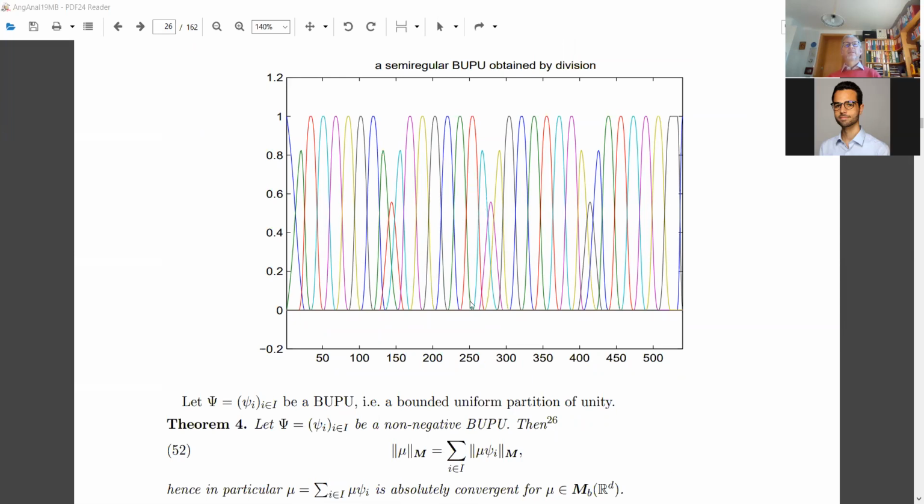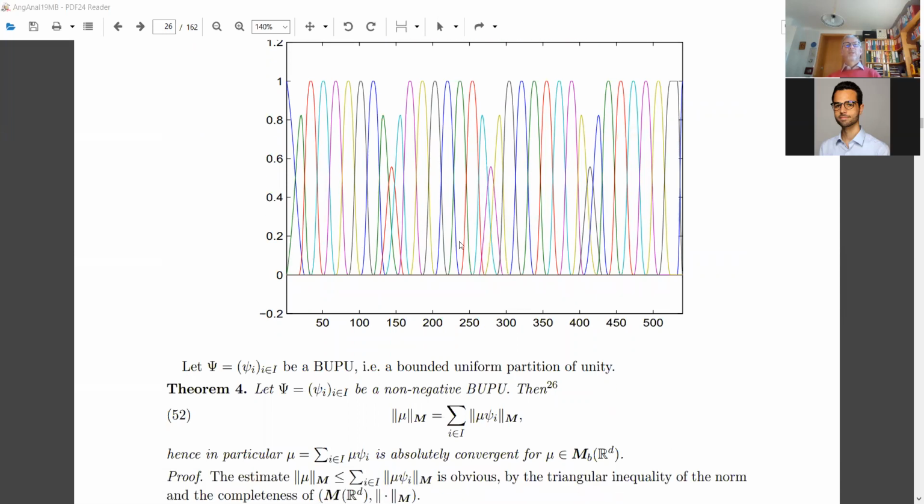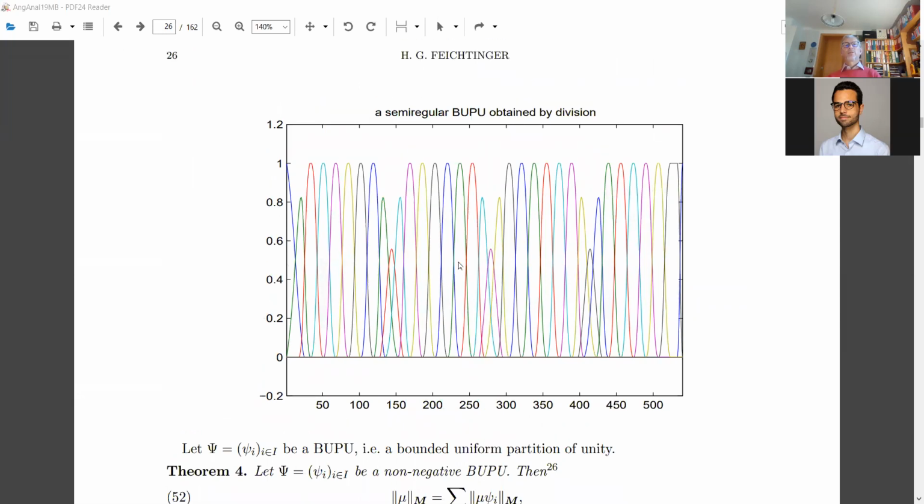But the size of each of these supports is also quite limited. And you can imagine that in multiple dimensions you have products of such objects and you get fine BUPUs. The best way in the Euclidean setting, which we have for this course, is to take any partition of this kind and compress it.